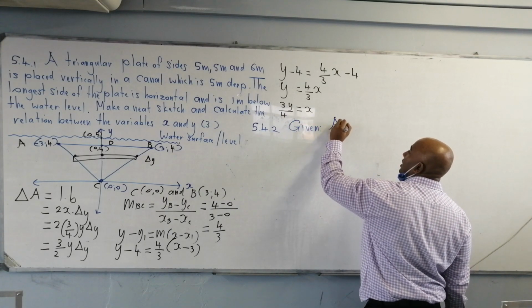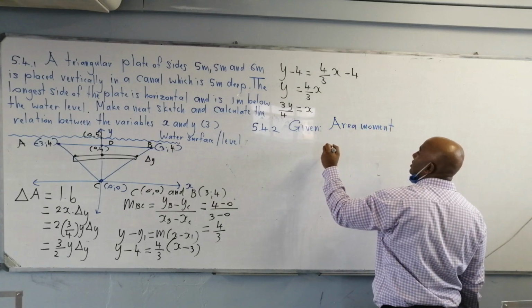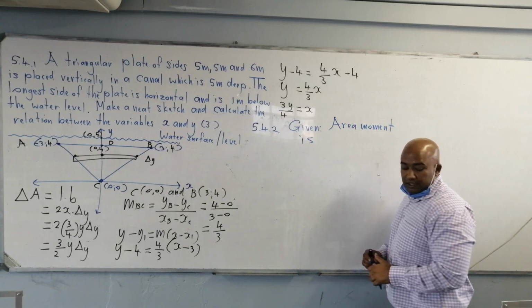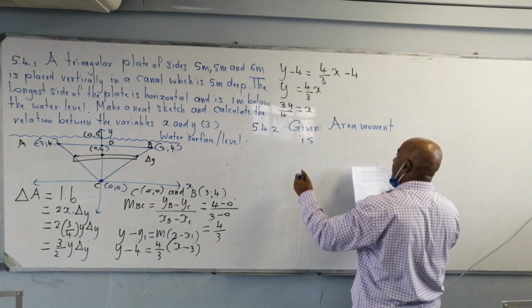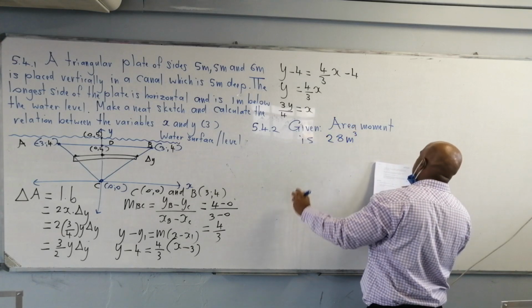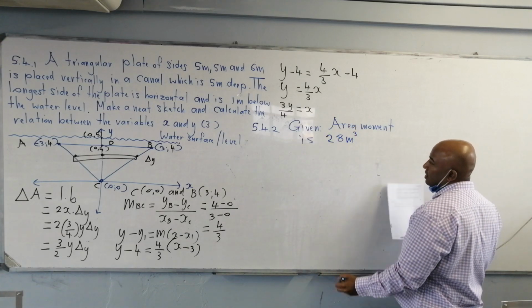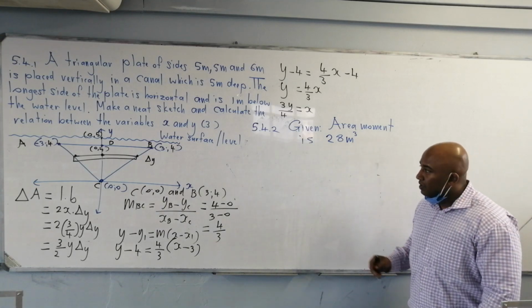You are told the area moment is 28 meter cubed. Okay, this is a 5-mark question. So what is this 28 meter cubed?